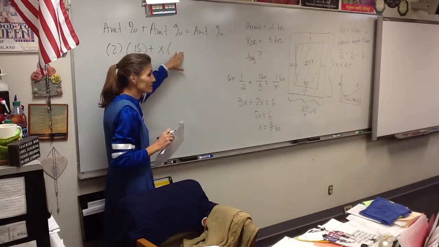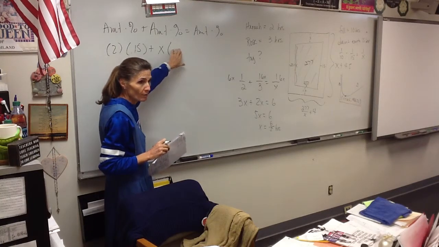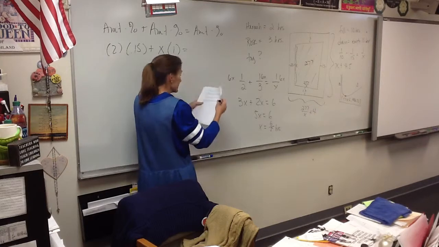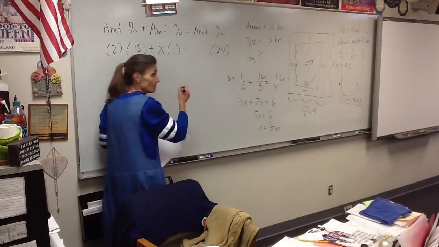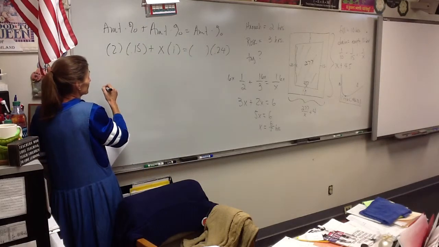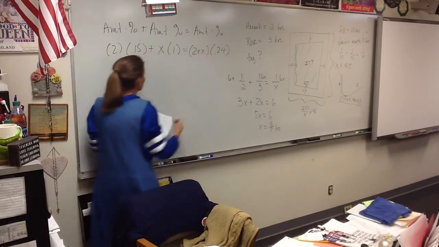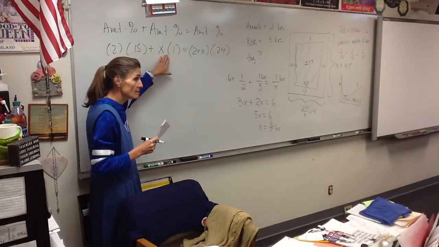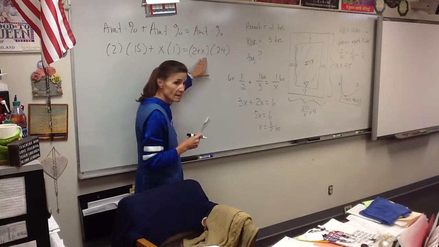He's going to mix it with pure water. So what's the percentage of pure water? 100. And he's going to end up with 24% water. How much of that is he going to have? 2 plus x. Kids, he had 2 gallons and he mixed it with x gallons. So he's going to end up with 2 plus x gallons.